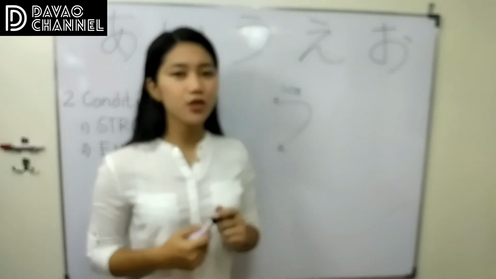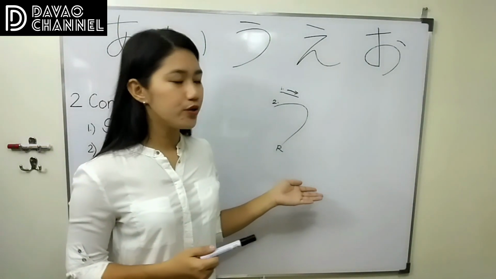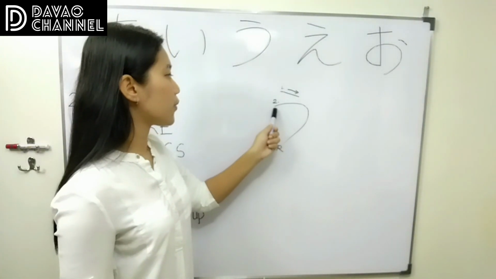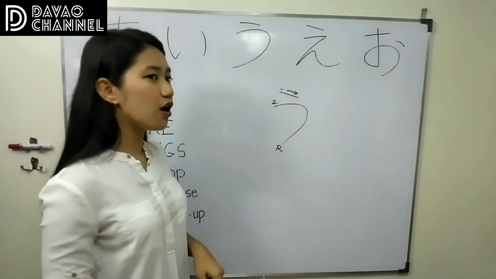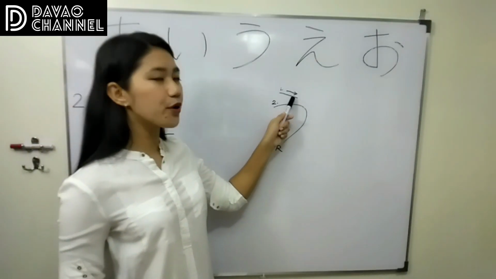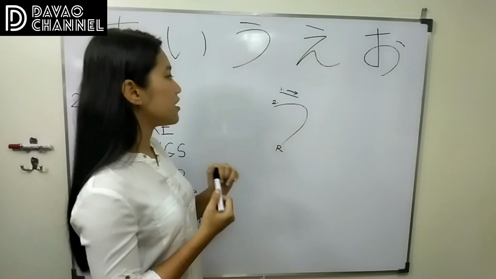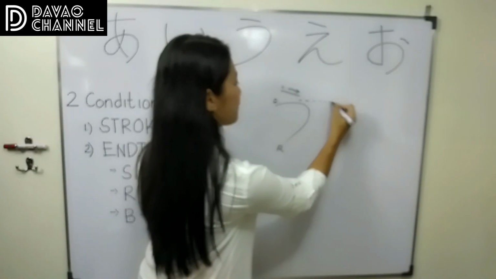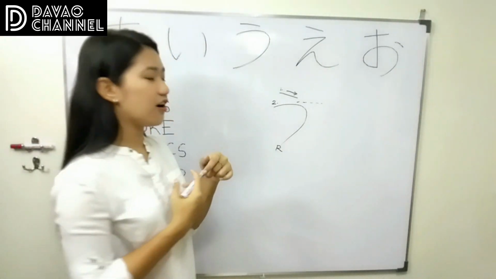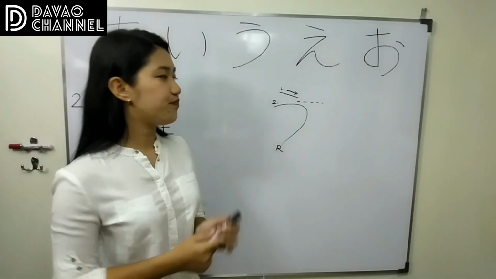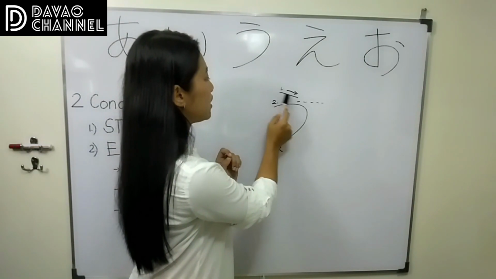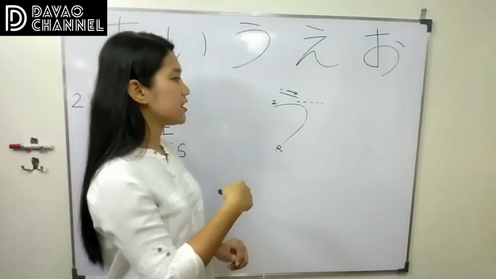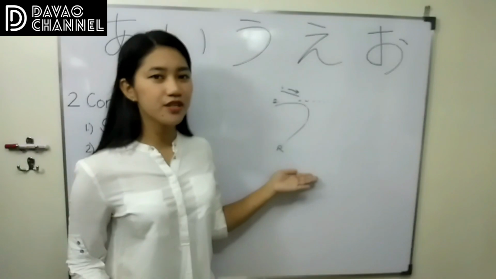One thing that we should remember in writing our letter U is that our stroke number 1 should not meet our stroke number 2. It is very important that stroke number 1 has a gap from stroke number 2. That is why they should have this space in here. Okay, do you get it? For our review, stroke number 1 and number 2 with a release ending, and that's it. We have now our letter U.